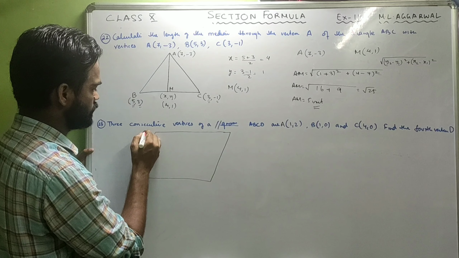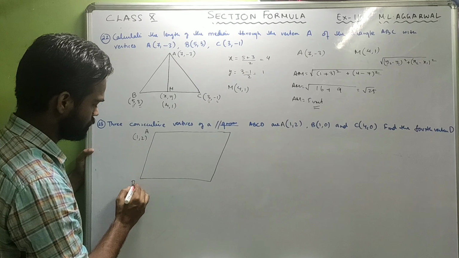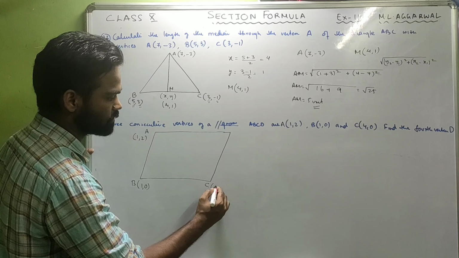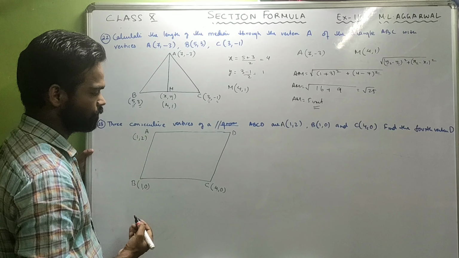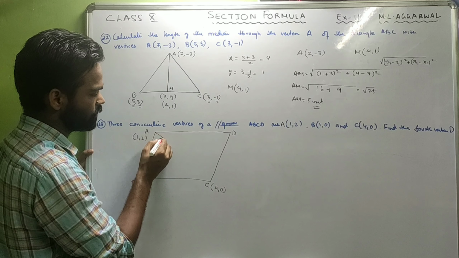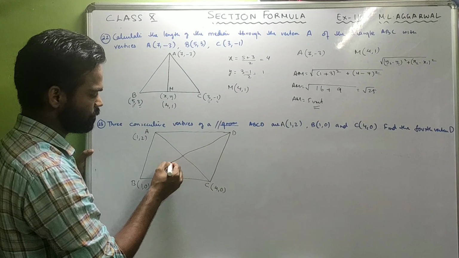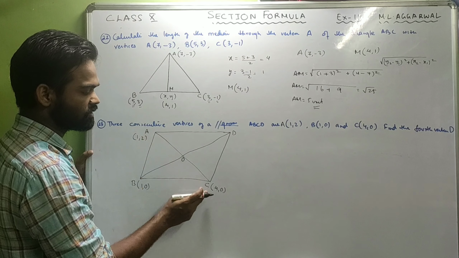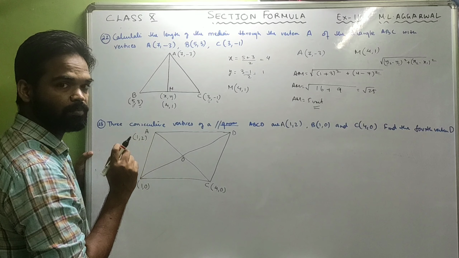Consecutive, which means A is 1 comma 2, B is 1 comma 0, C is 4 comma 0, and D we don't know. Now one thing we know, that in a parallelogram the diagonals bisect each other.